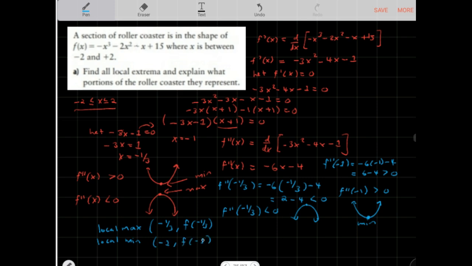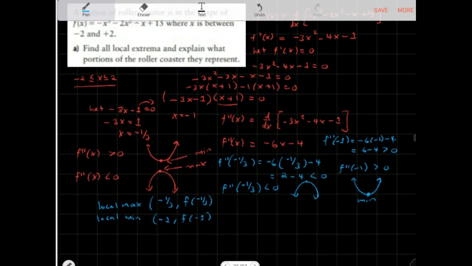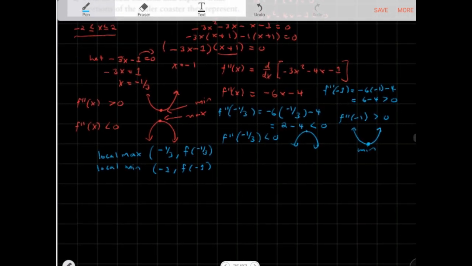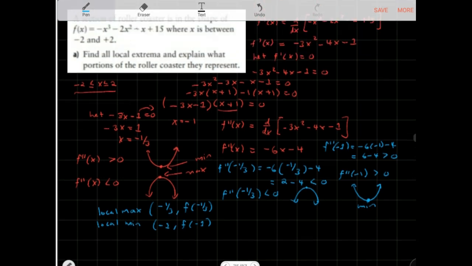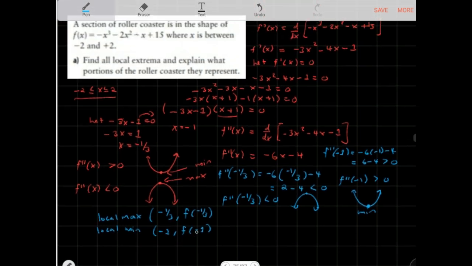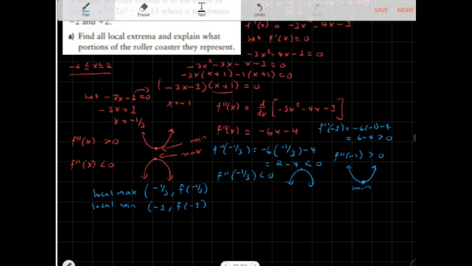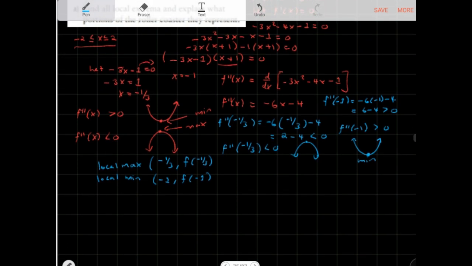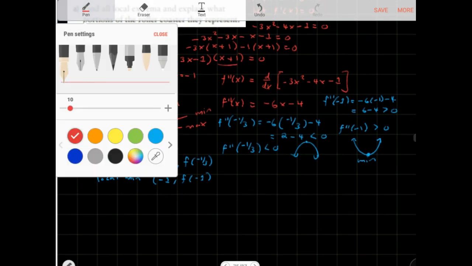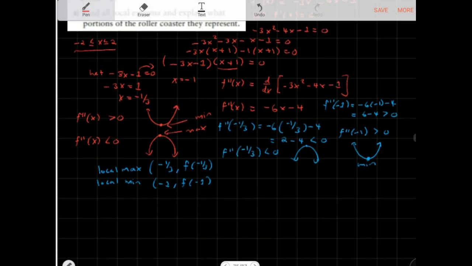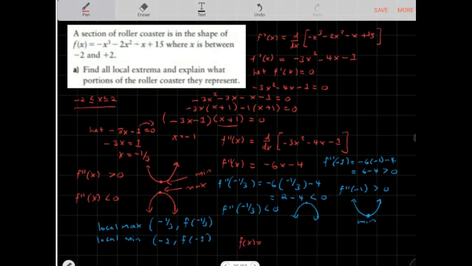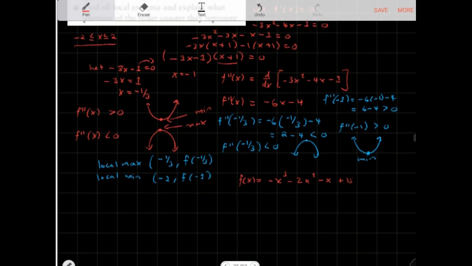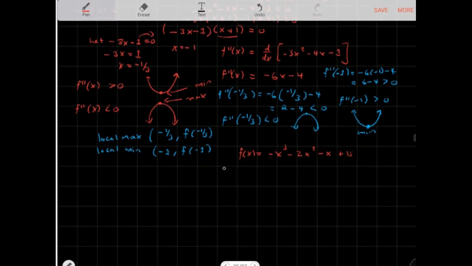So what I'm going to do last is figure out what these two points are. Okay, so we know that there's a maximum point when x is equal to negative 1/3 and a minimum point at x is equal to negative 1, right? So I'm going to plug these values into our original function f of x, which is negative x cubed minus 2x squared minus x plus 15. So let's plug this in, right?